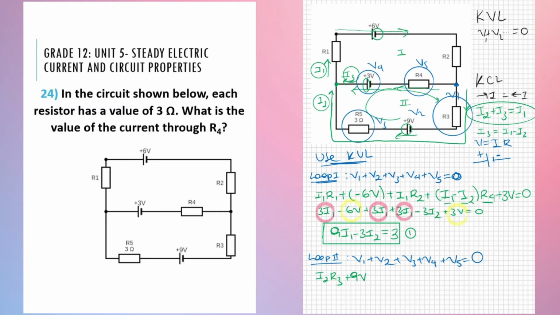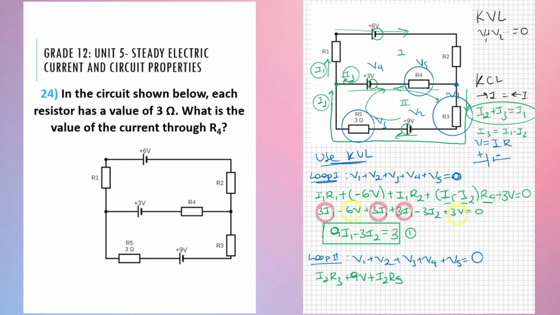Next, we see V3, which is the voltage across R5, and this again is equal to I2 times R5. Then we have the 3 volts. In this case, our current is actually flowing in this direction. So in this direction, we see that the far terminal is not this one, but in fact this one. So the far terminal is the negative terminal.